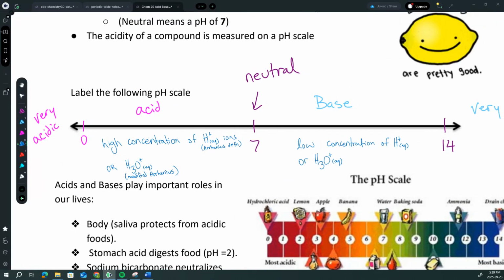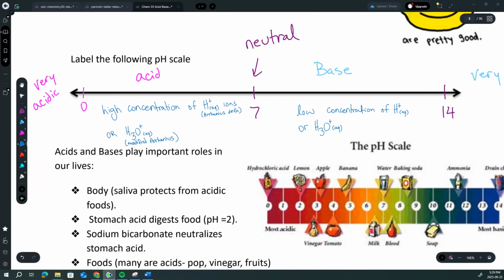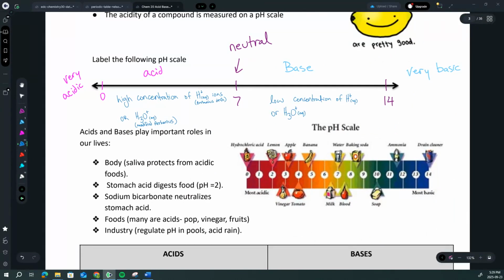So essentially, the higher the concentration of either H plus ions or hydronium ions, the more acidic something is going to be.